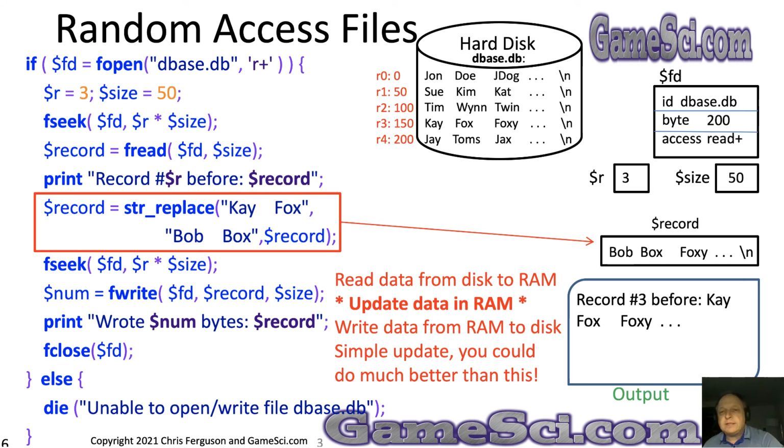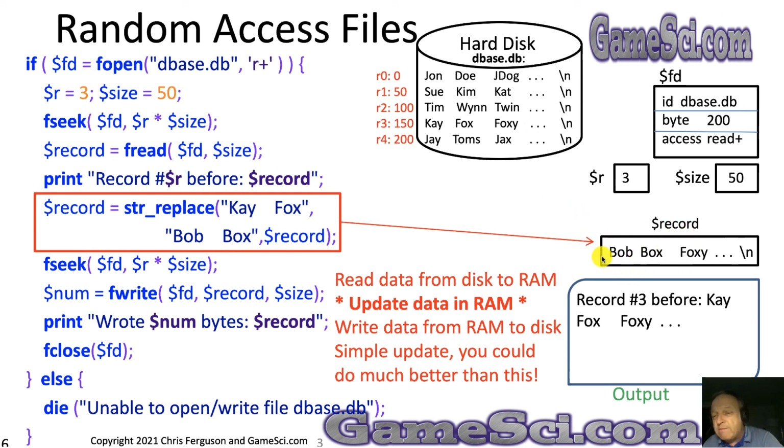The pattern is the same from the last file, right? We're going to read the data from the disk drive into RAM. We're going to modify the data while it's in RAM, and then we're going to write it back out to disk. And I do a simple string replace where I replace K Fox with Bob Box. I don't know, seemed reasonable. It rhymed, so I made it rhyme. And that's what happened.